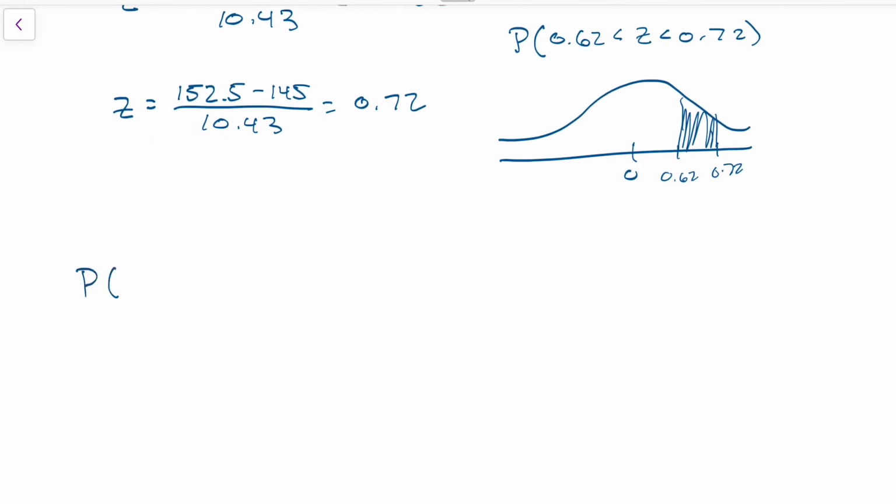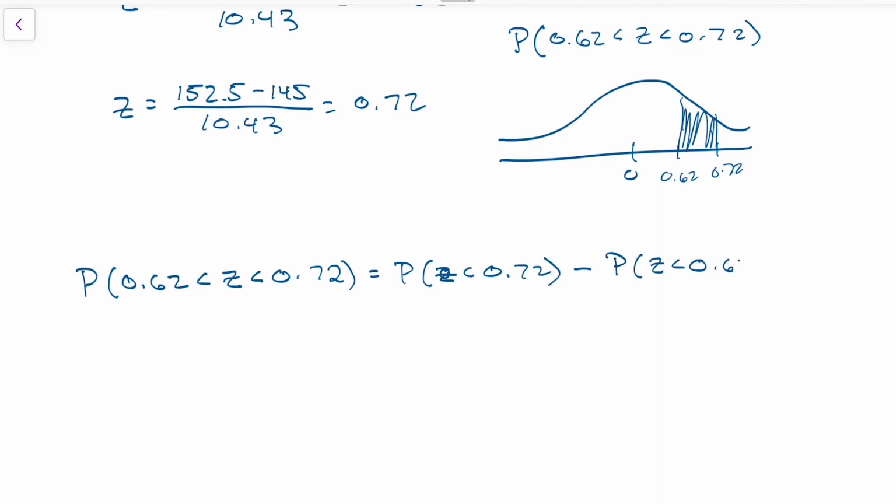If I want the probability of lying in between two values on a standard normal curve, all I have to do is compute the probability that z is less than our right value minus the probability that z is less than our initial value.